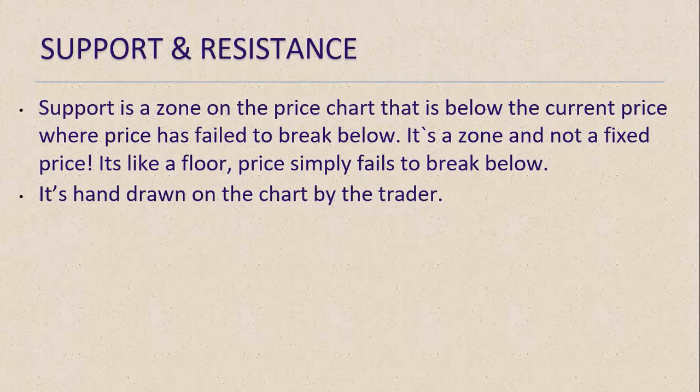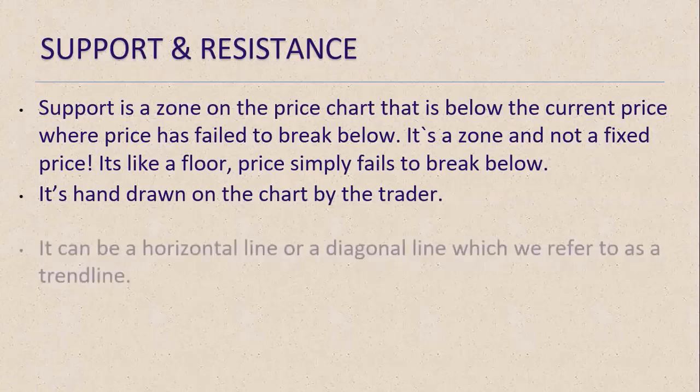So using your hand, you will draw, or mark, the support zone on your chart. They are not automatically marked for you. And that is why we call this analysis, because you analyze the chart yourself and you draw these zones yourself.